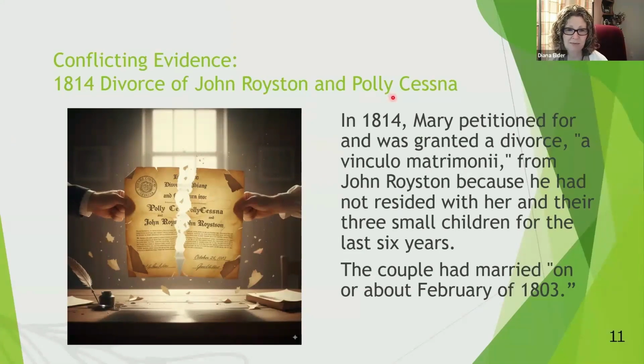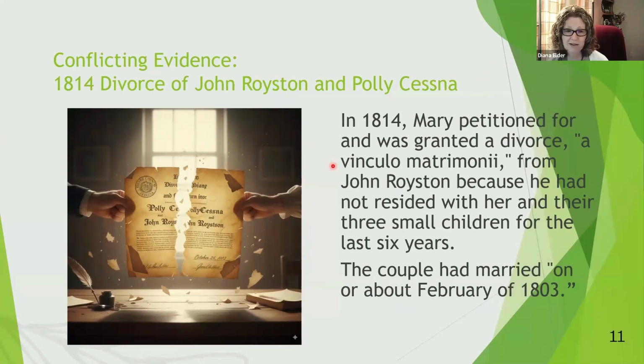We have a marriage for them in 1803. But in 1814, she petitioned for and was granted a divorce. And this was a vinculo matrimonii, which is a complete divorce, meaning that she would again become a single woman and she could buy and sell property. She could basically do all those things she couldn't do as a married woman.